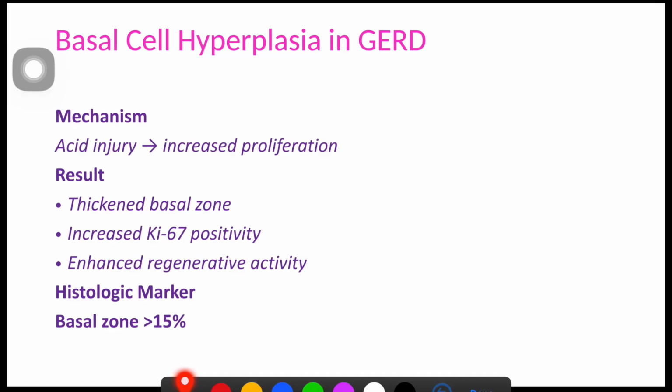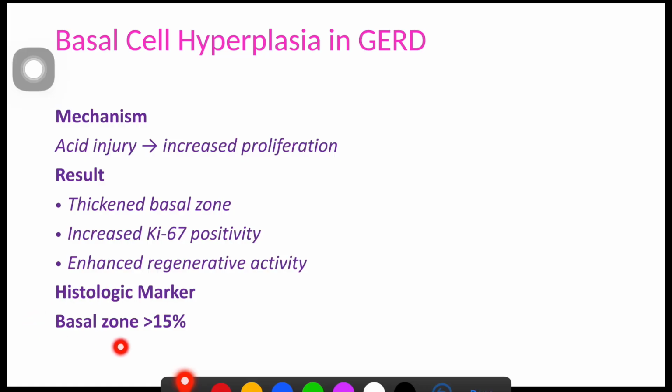Now, what is basal cell hyperplasia? In GERD, or gastroesophageal reflux disease, there is acid injury and it leads to increased proliferation. The basal layer, which is normally less than 15% of the thickness of the whole mucosal epithelial lining, is thickened in GERD, with increased Ki67 activity and enhanced regenerative activity.